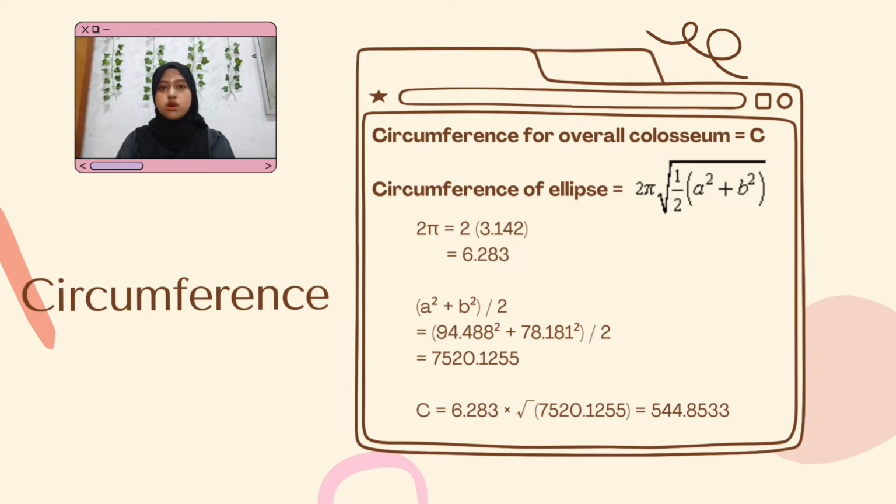So the circumference of the overall Coliseum, C, is equal to 2 times 3.142 times the square root of one over 2 times 94.488 squared plus 78.181 squared, which is equal to 544.8533.